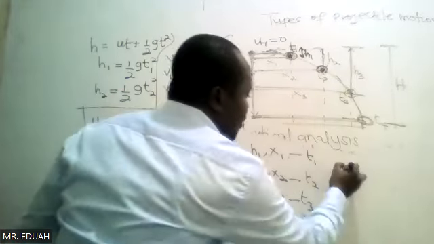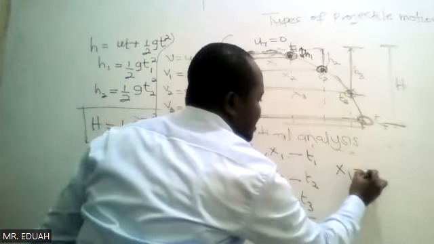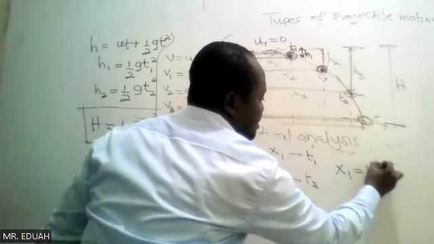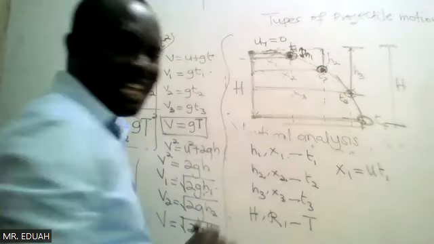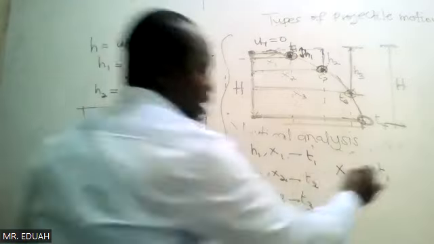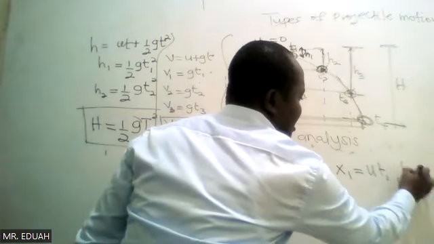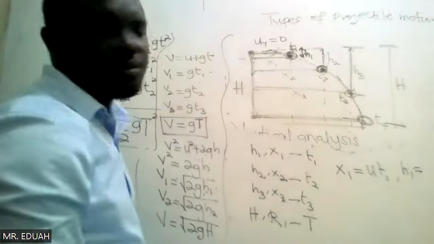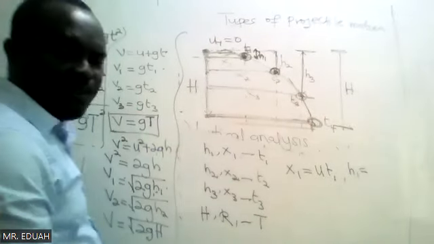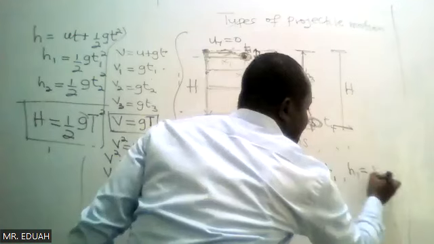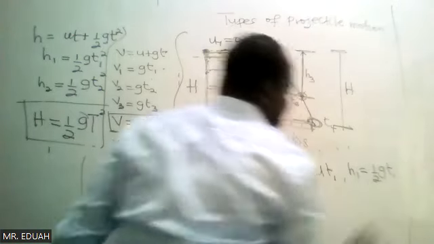If I'm looking for x1, x1 is u times t1. If I'm looking for h1, h1 is equal to half g t1².